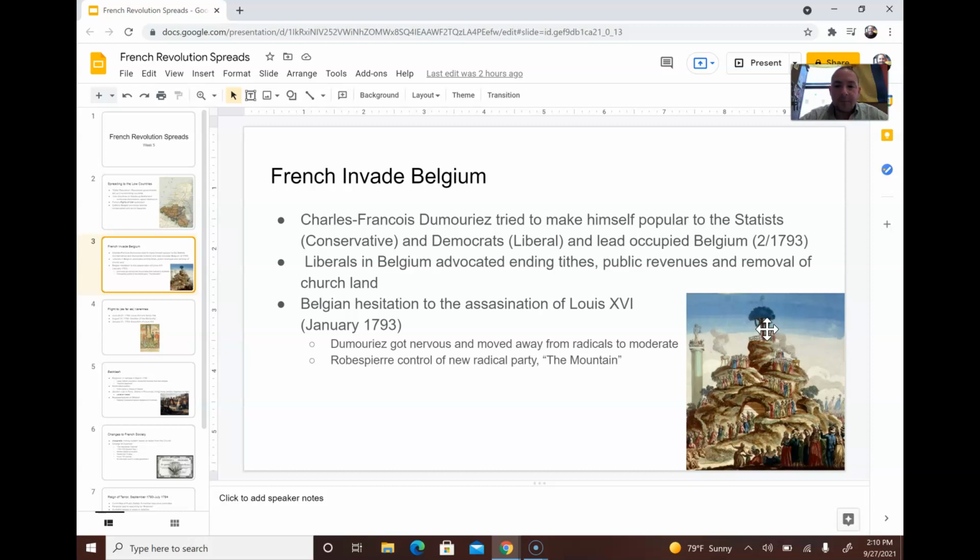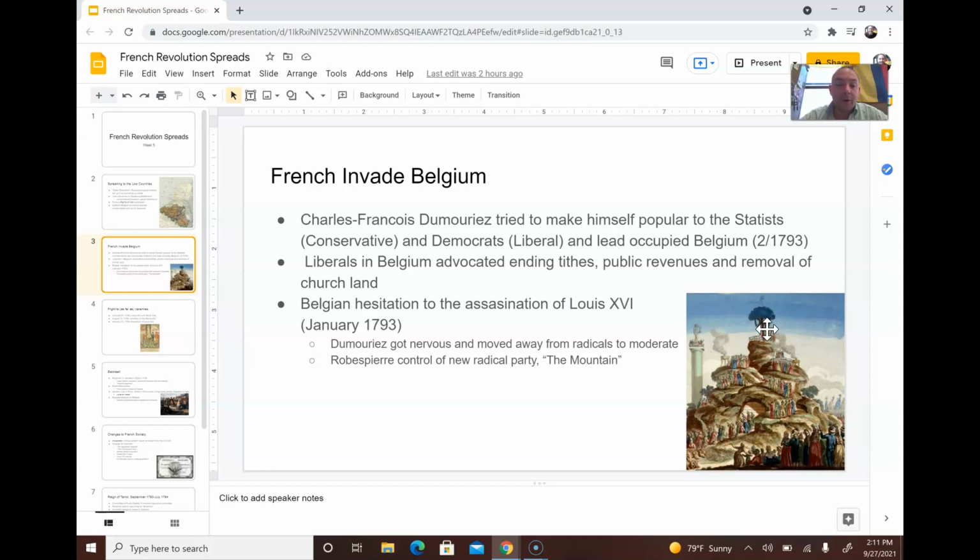Maximilien Robespierre, the famous French revolutionary, emerges in France in this period as a continuing force within the French government.